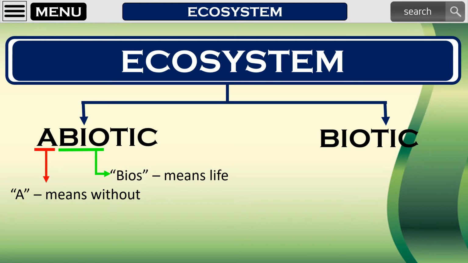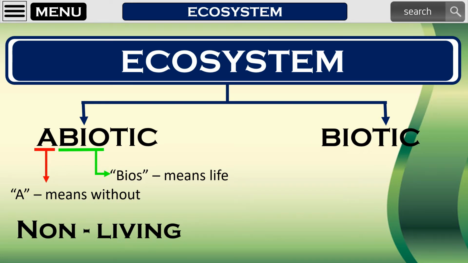It is the non-living component or the physical and chemical aspect of an ecosystem. On the other hand, the biotic component is the living component of an ecosystem. This includes all organisms that are dependent on one another. This means that each living organism has a relationship to other organisms.